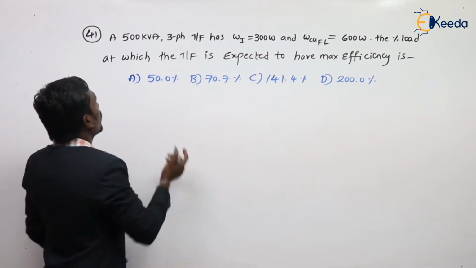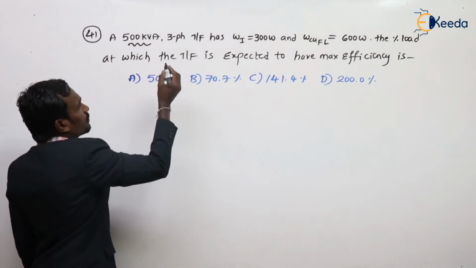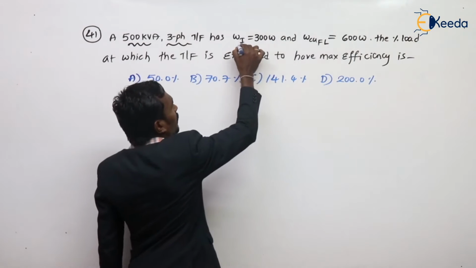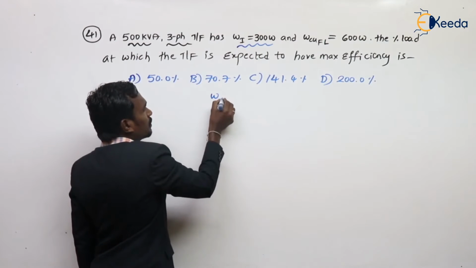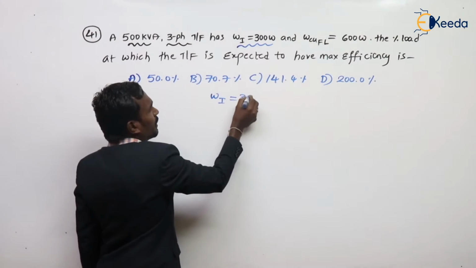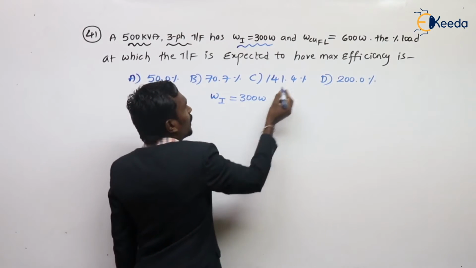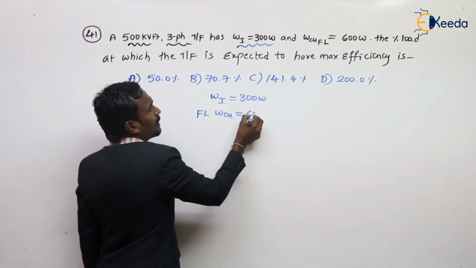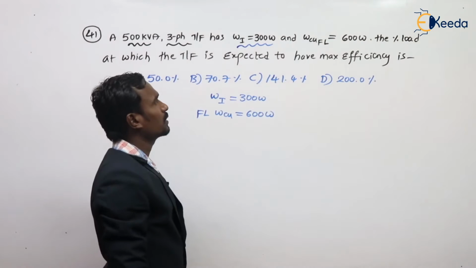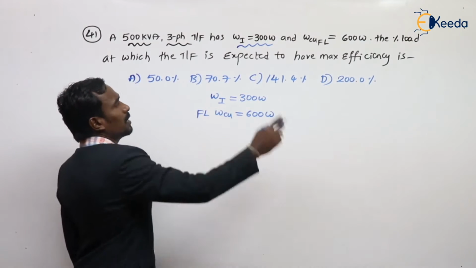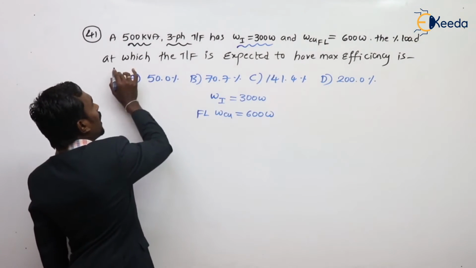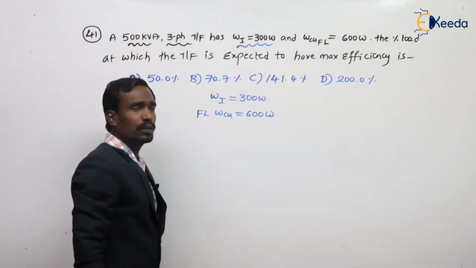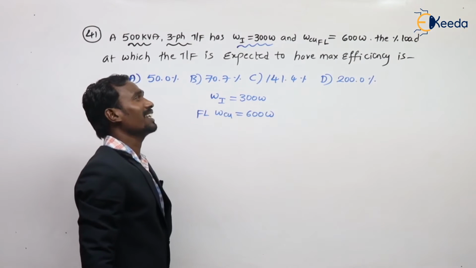A 500 kVA three-phase transformer has iron losses of 300 watts and full load copper losses of 600 watts. The percentage load at which the transformer is expected to have the maximum efficiency is.